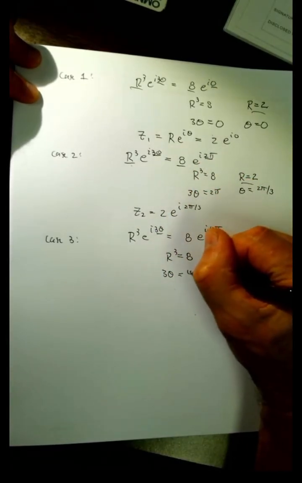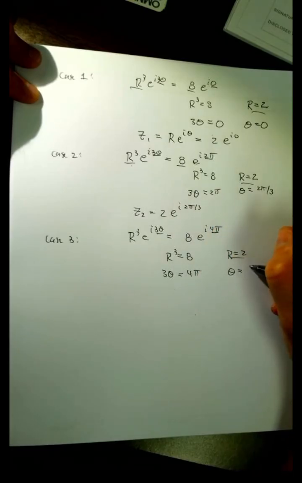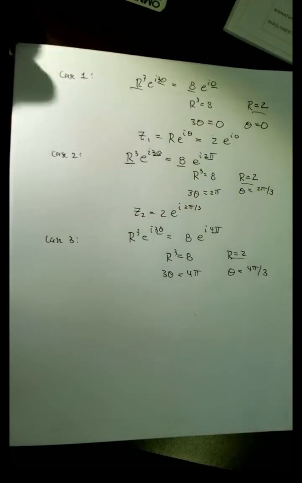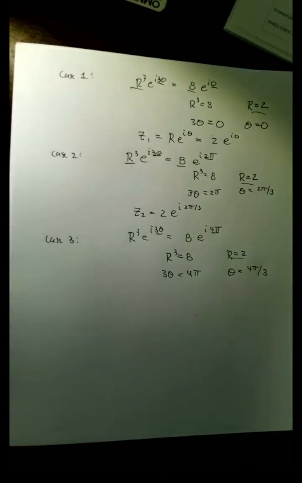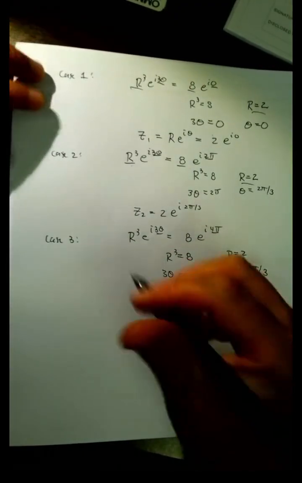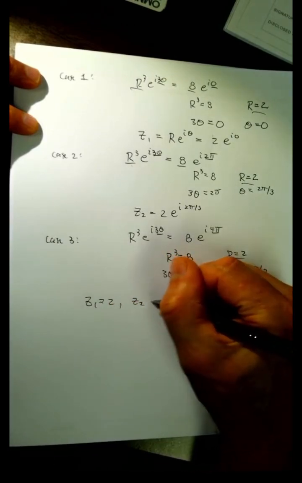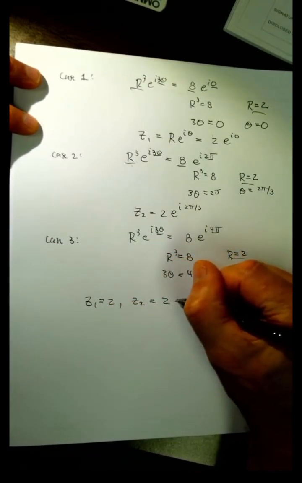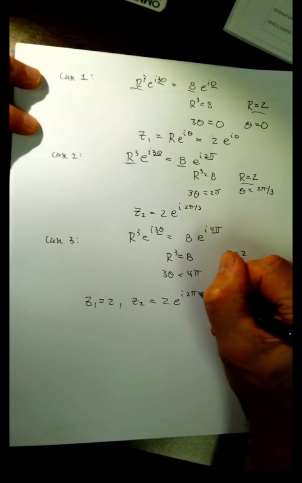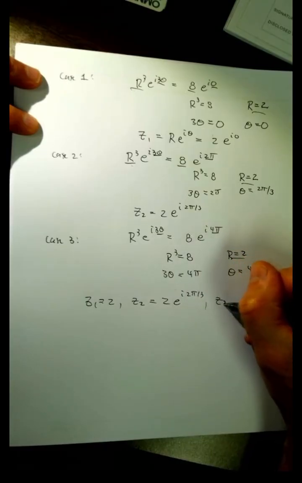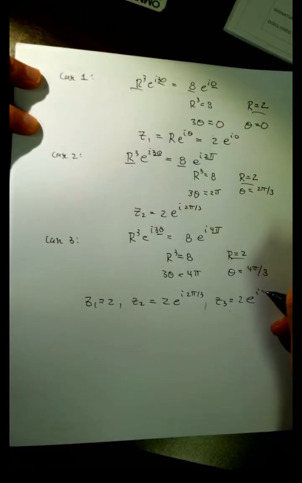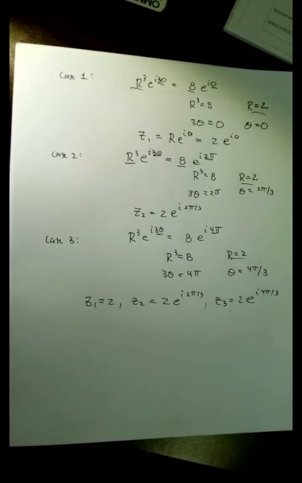So 3 theta now is 4 pi. So theta is 4 pi over 3. Okay. So I have Z1 is 2, Z2 is 2 e to the I 2 pi over 3, and Z3 is 2 e to the I 4 pi over 3.